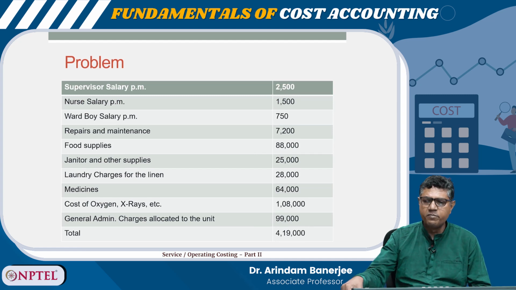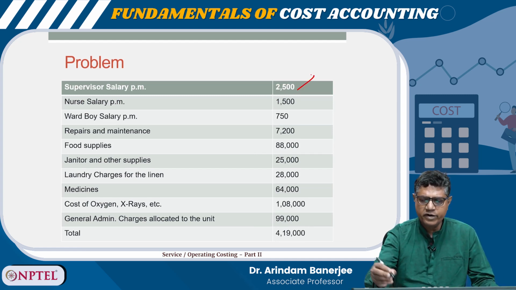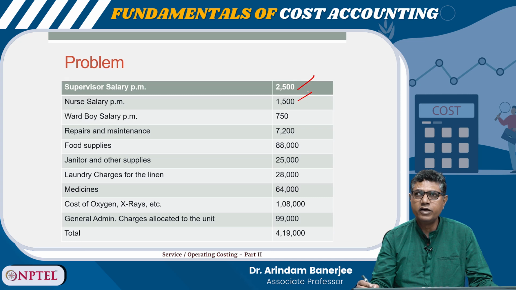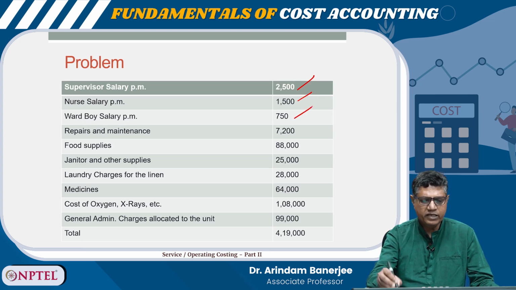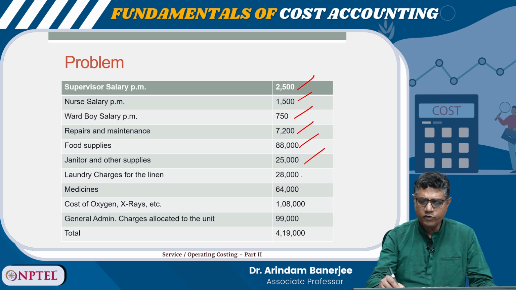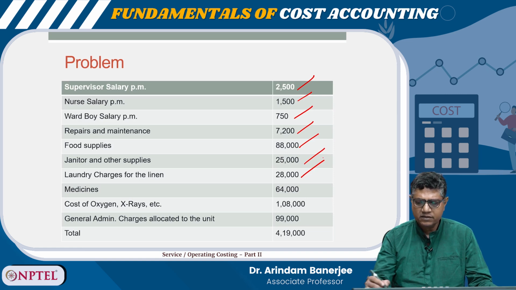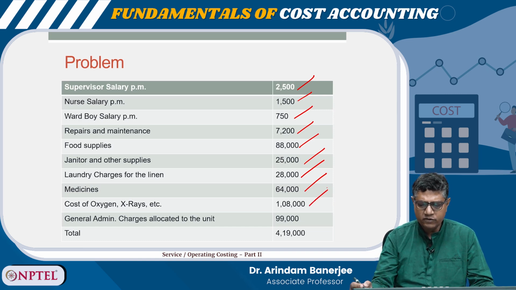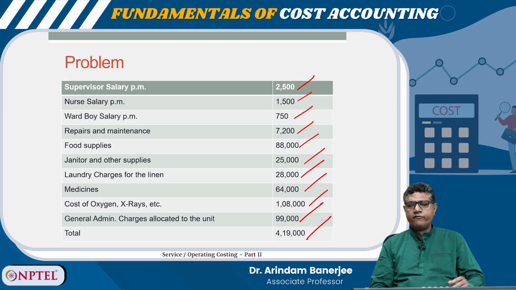So supervisor salary per month 2,500, nurse salary per month 1,500, ward boy salary per month 750, repairs and maintenance 7,200, food supplies 88,000, janitor and other supplies 25,000, laundry charges for the linen 28,000, medicines 64,000, cost of oxygen, x-rays, etc. 1,08,000, general admin charges allocated to the unit 99,000, and total is 4,19,000.